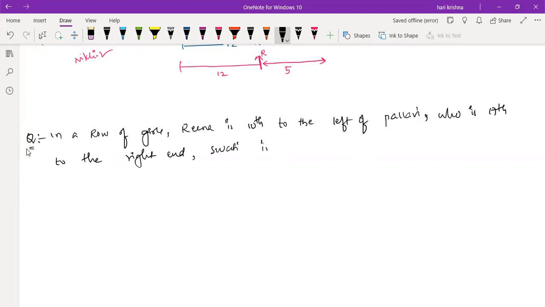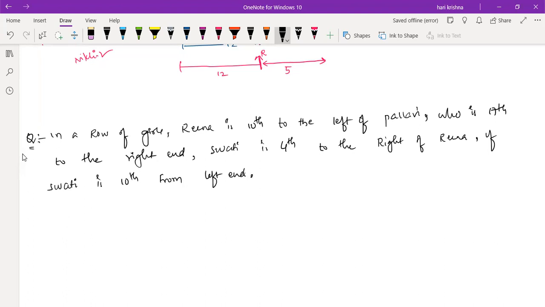Swati is 4th to the right of Reena. If Swati is 10th from the left hand, how many girls are there in the row? Read the question carefully.